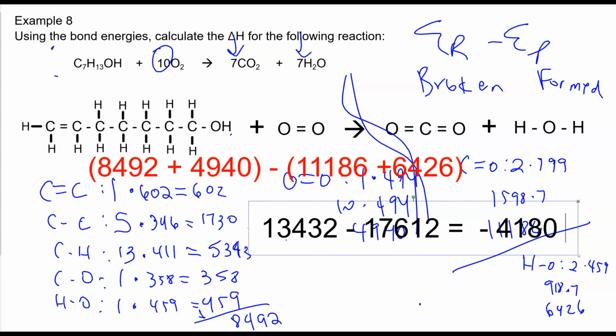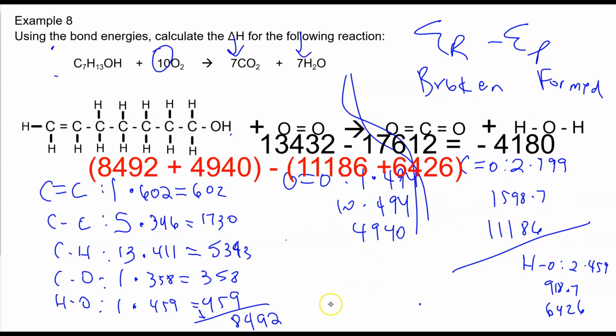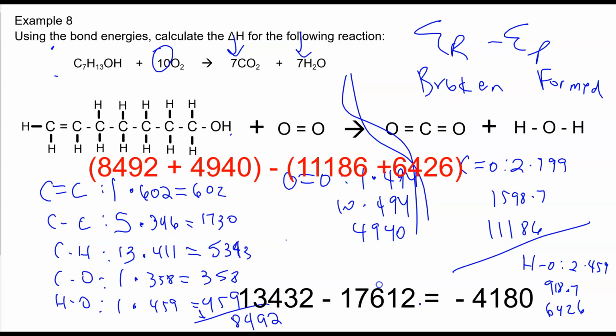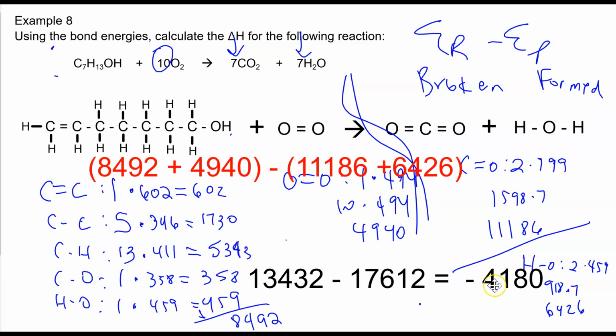That would be your final answer. What did we do? We took the sum of the reactants minus the sum of the products. This was the sum of the reactants, and this was the sum of the products. We subtracted the two, and this is our final answer. So the final answer is negative 4180 kilojoules, technically kilojoules per mole.